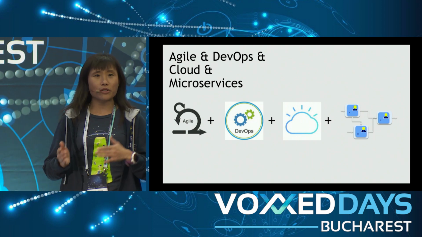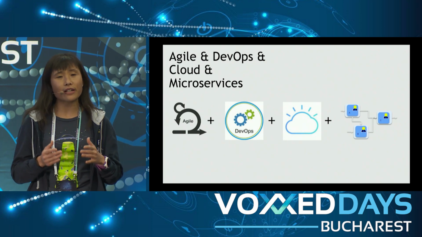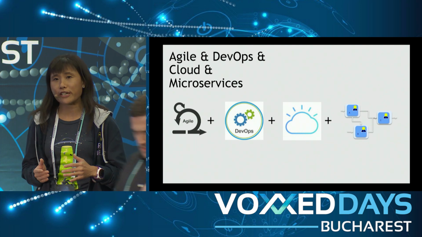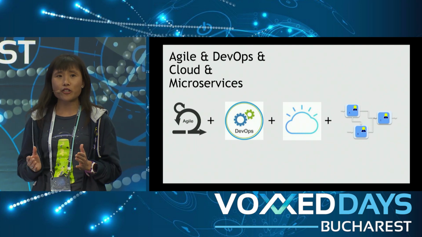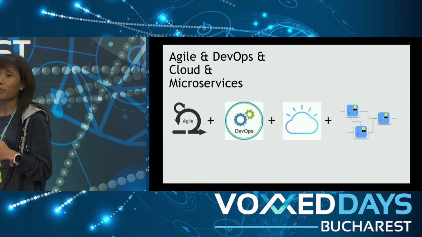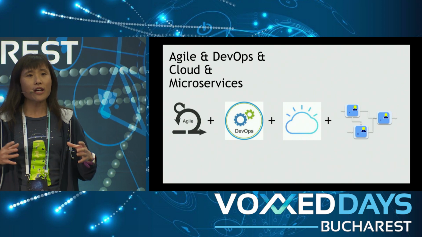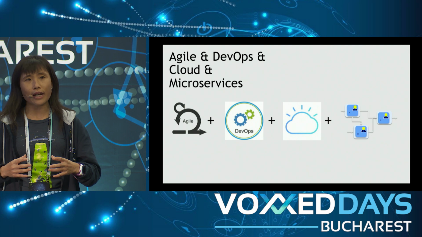Luckily, cloud came to the rescue. The beauty of cloud is you only pay for the hardware you need whenever you need it. And then we had all the infrastructure and the methodology in place. Then we stepped back to think, all the teams still work together on a single product.